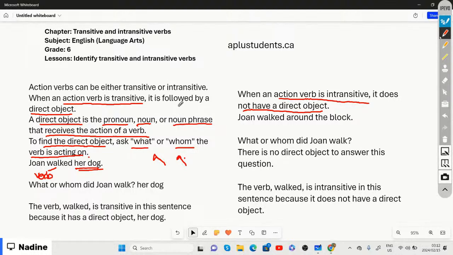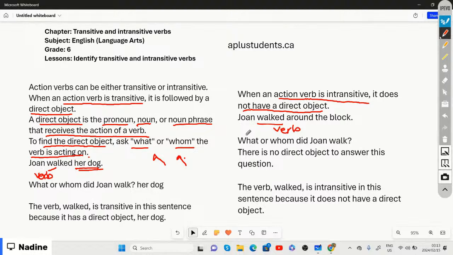It just says Joan walked around the block, but it's not telling us what or whom Joan walked. She did not walk anything. So there's no direct object to answer that question. Which means that the verb walked is intransitive within that sentence, and it does not have a direct object.